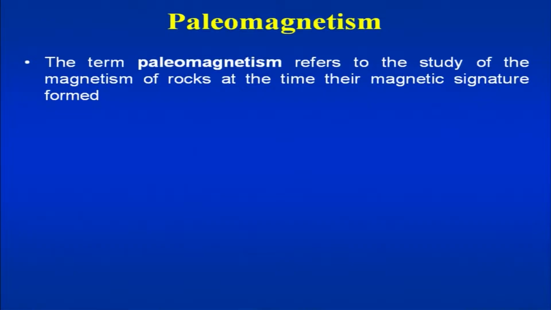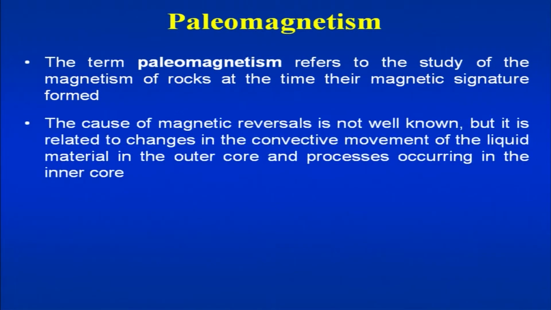So, paleomagnetism is the study of the magnetism of rocks at the time their magnetic signatures were formed, where rocks having different magnetic signatures are reported.